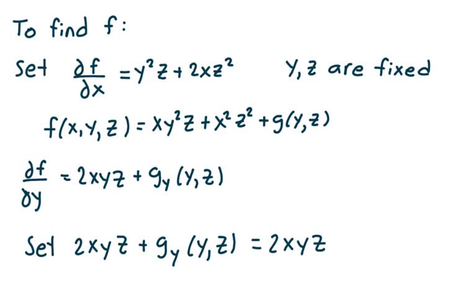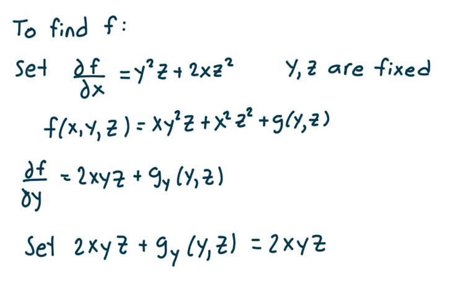From here, we're going to take the partial of f with respect to y. The partial of f with respect to y is 2xyz plus g sub y of yz. So remember, g of yz is a function of 2 variables. And so when we take the partial of f with respect to y, you're looking at essentially a partial derivative, and that's why I'm writing it as g sub y of yz.